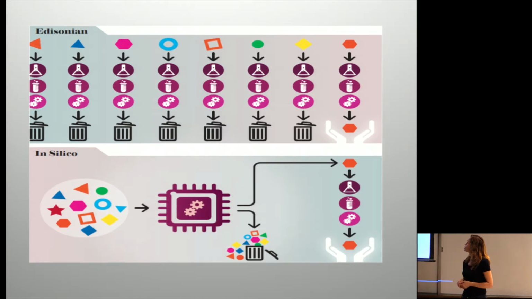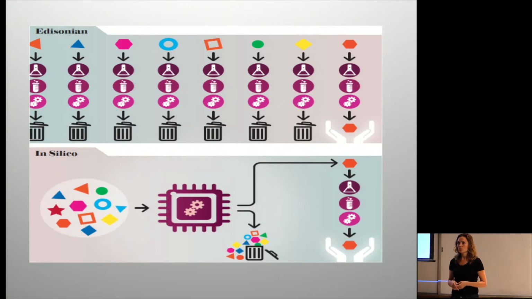So remember we talked about the Edisonian approach, where you make a material, or you buy it in his case, and you test every single one until you find the one that works better than the other. And this idea of screening in silico, where you take all the different ideas, you don't have to buy them, you don't have to make them, you just put them in the computer, and at the very least you can screen out the bad ideas. And even that is a huge efficiency gain.